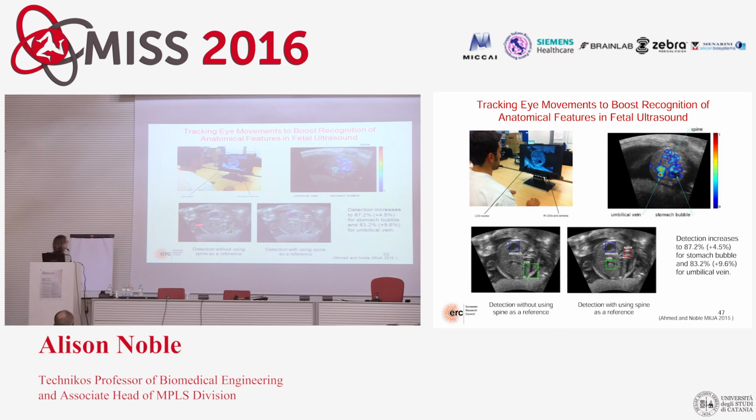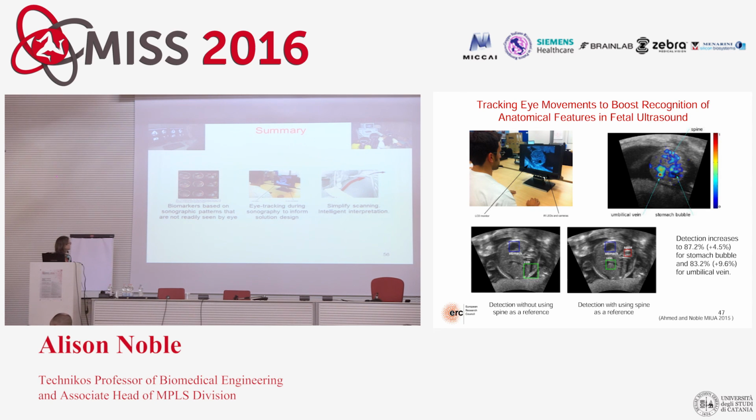So in this work, we've compared, including graphical model techniques but also using AdaBoost, which is the example shown here, building detectors that just detect the stomach and vein, and also using information about the spine. And what you find is that you improve the overall detection rates. Under my ERC program, we're taking this a lot further, which I hope to report on later.